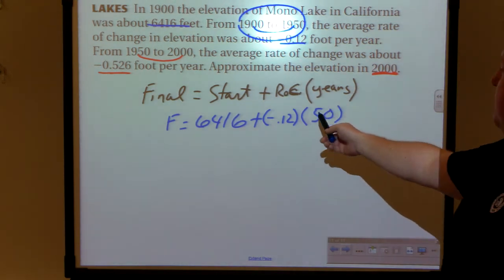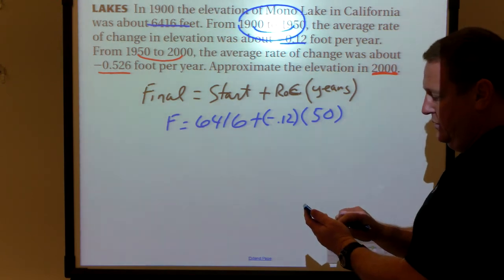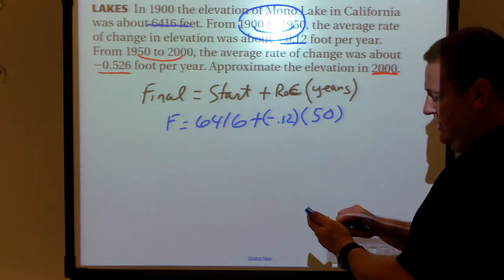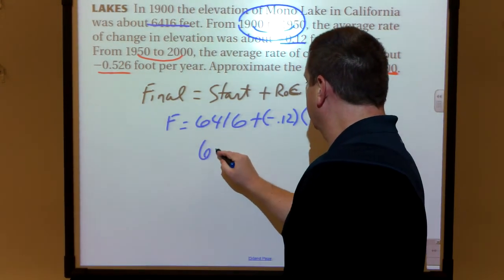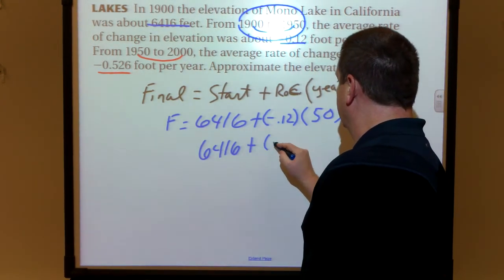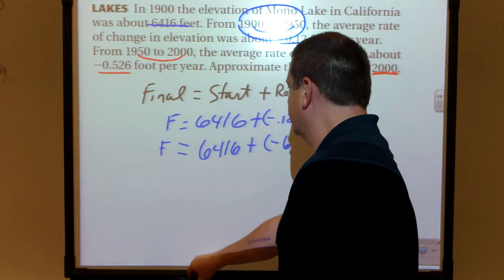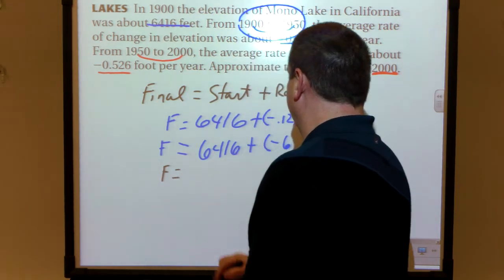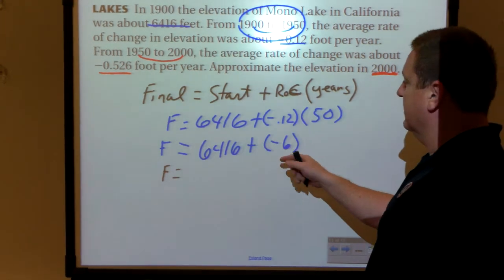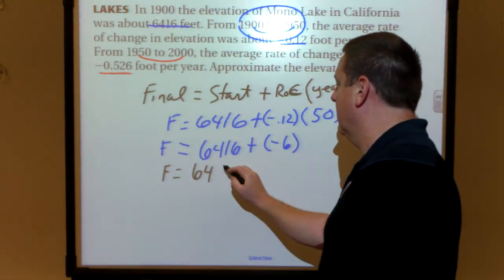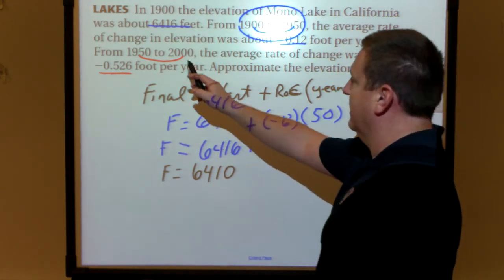I'm going to do my multiplication first: negative 0.12 times 50 years gives us a change of negative 6 feet. So after the first 50 years, we take 6416 and add a negative 6 to it, which brings us to 6,410. So this is our new starting amount in 1950.